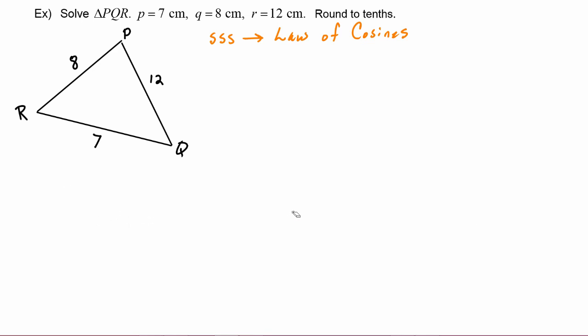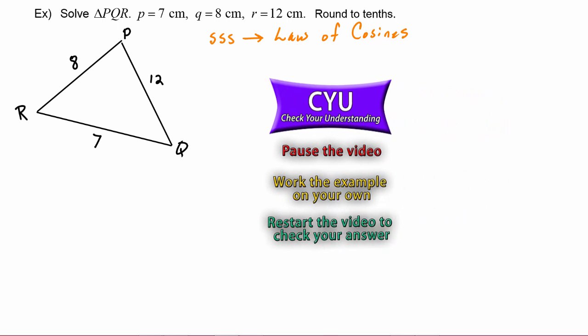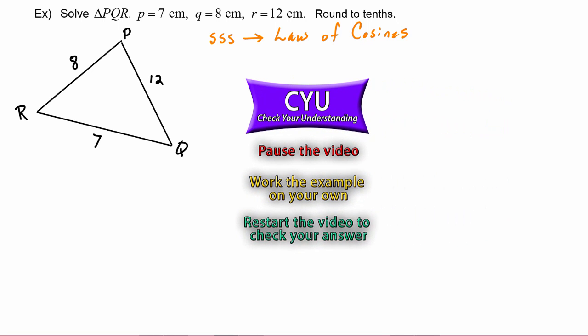So why don't you try using the law of cosines now and solving for the largest angle in the triangle. Pause the video and restart it when you're ready to check your answer.